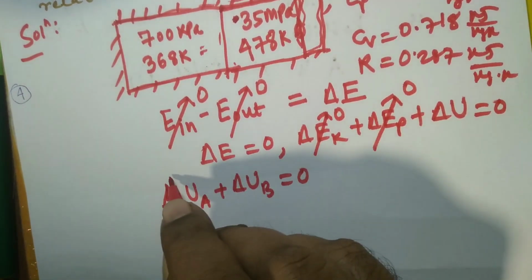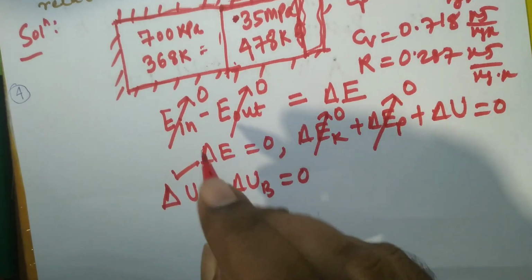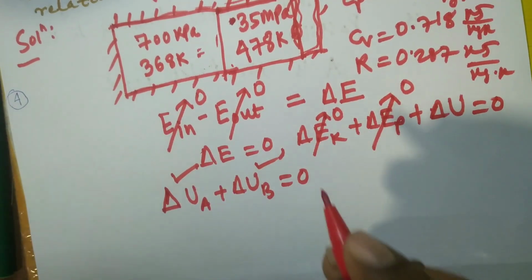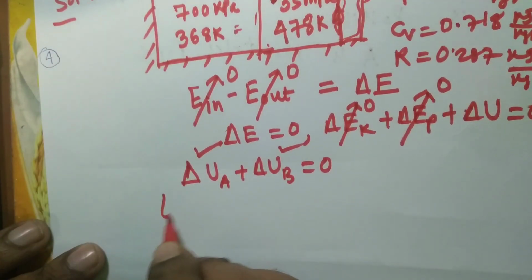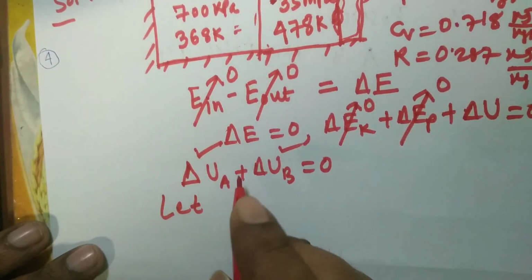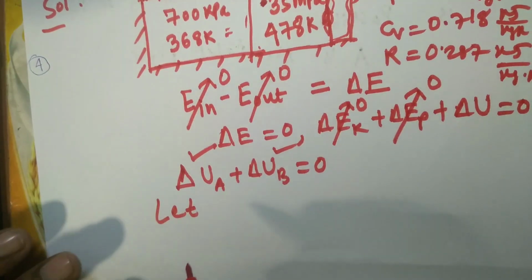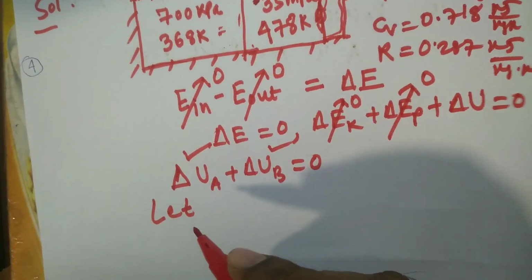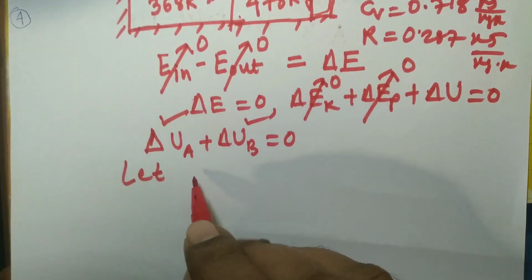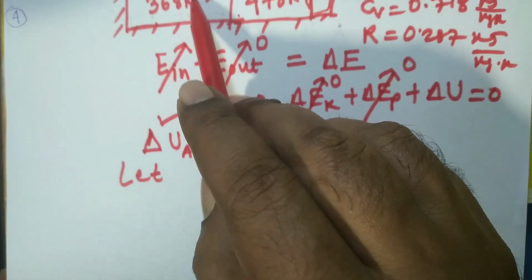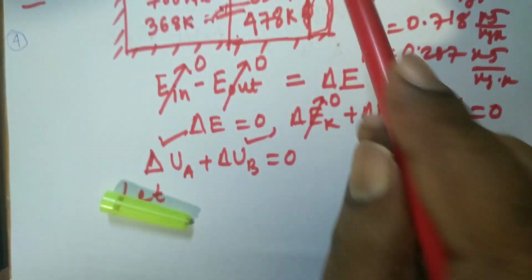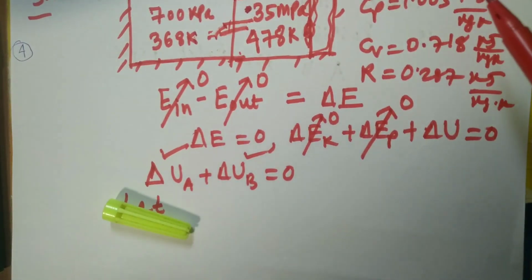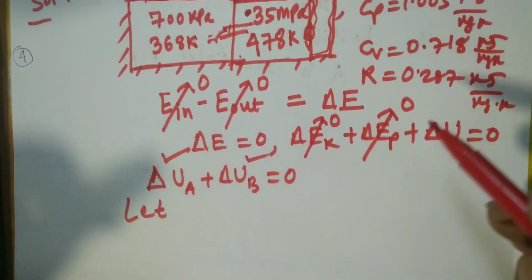Change in internal energy of vessel A plus change in internal energy of vessel B is equal to 0. So what is the change in internal energy of vessel A? You know, for an ideal gas, internal energy is a function of temperature. When vessel A mixes with vessel B through a pipe whose volume is negligible, then what happens?